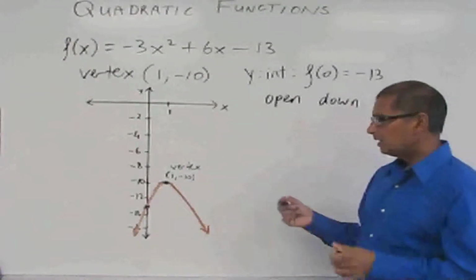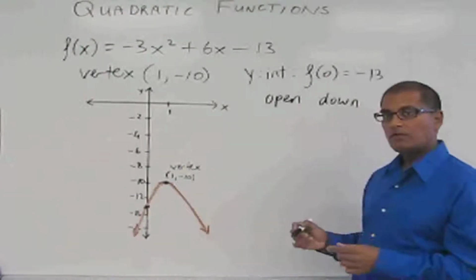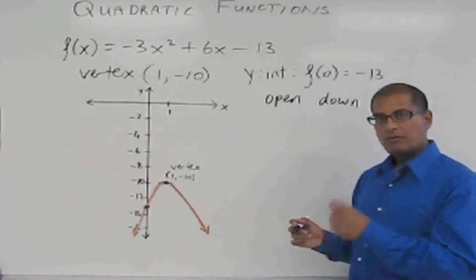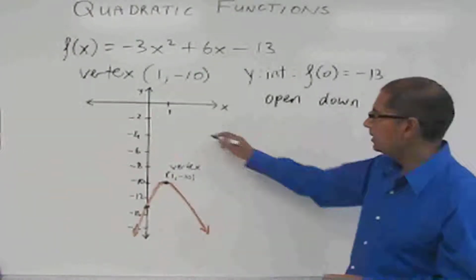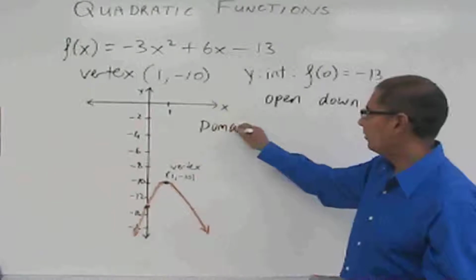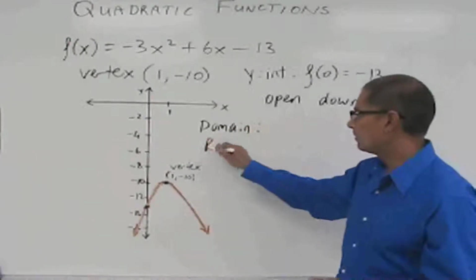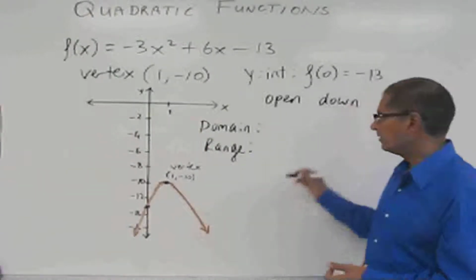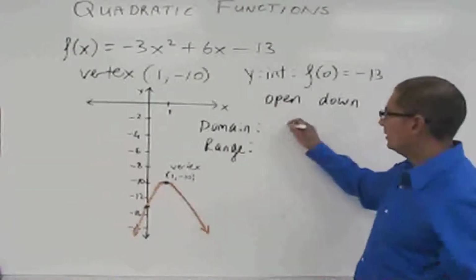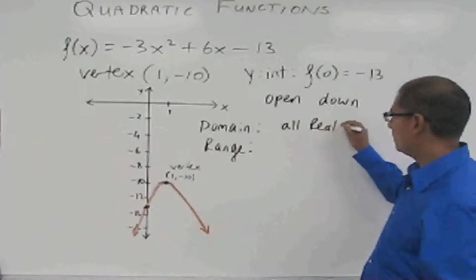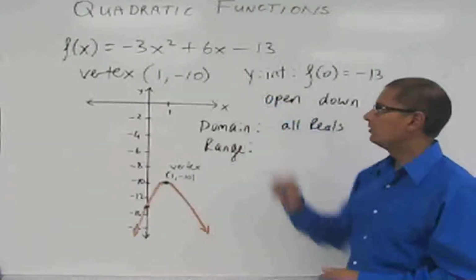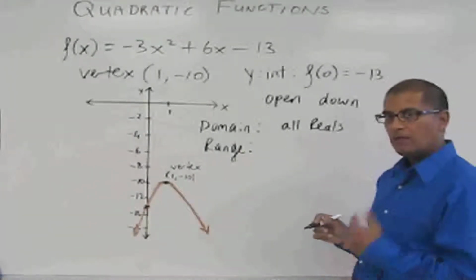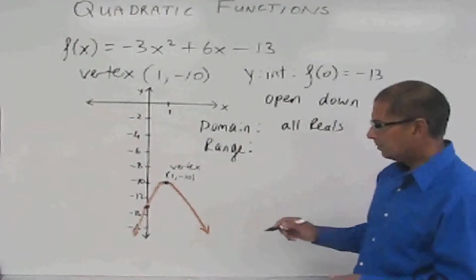The second thing is, from a graph, once you know the vertex of a quadratic function, it's either the max or the min. So from that, you can always determine the domain and, more importantly, the range of a quadratic function. The domain of a quadratic function, as it's given, is always going to be all reals. You can plug any x value into this function and get out a y value. However, the range is restricted by the vertex.